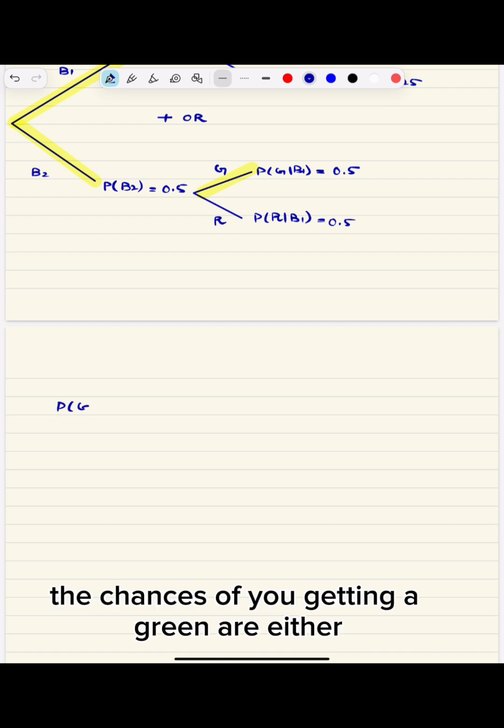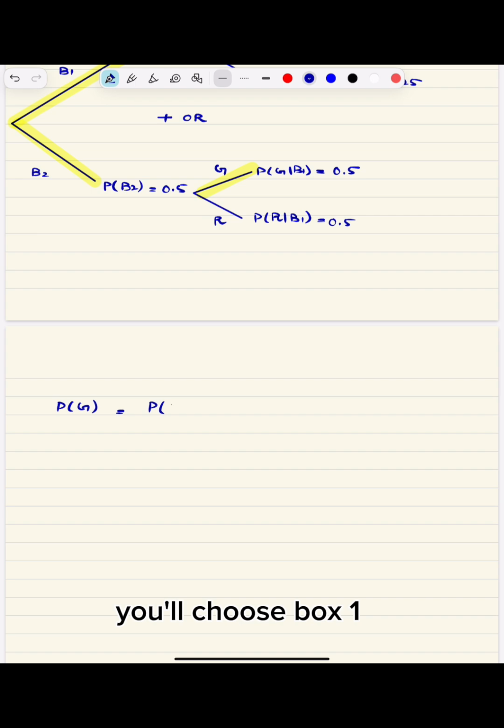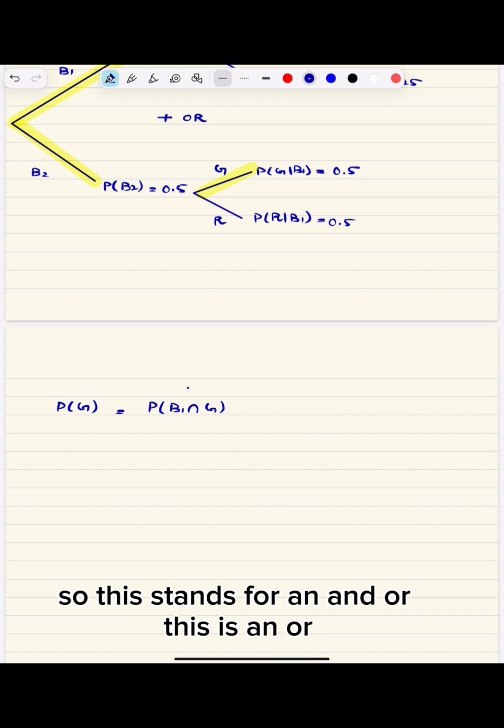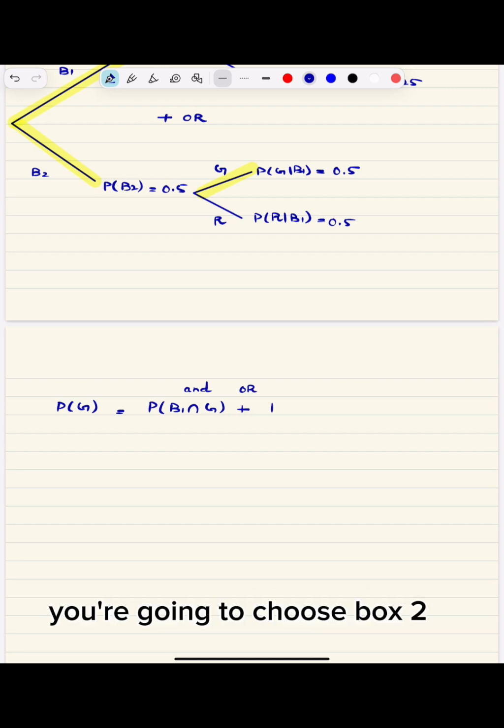So the chances of you getting a green are either you'll choose box 1 and then you're going to get a green. So this stands for an "and", or this is an "or", you're going to choose box 2 and then you'll get a green.